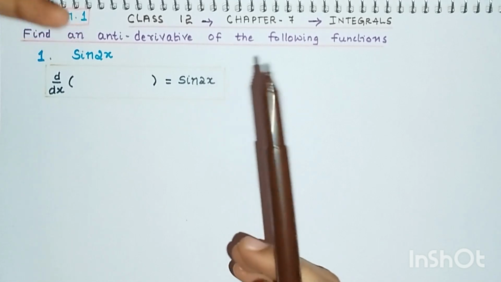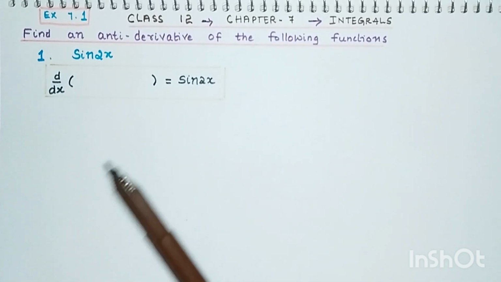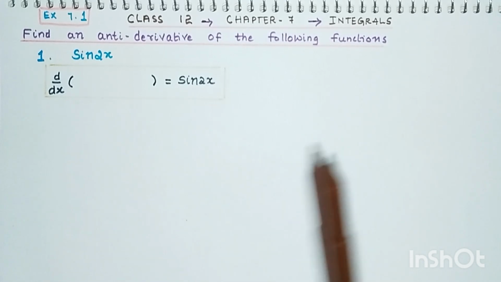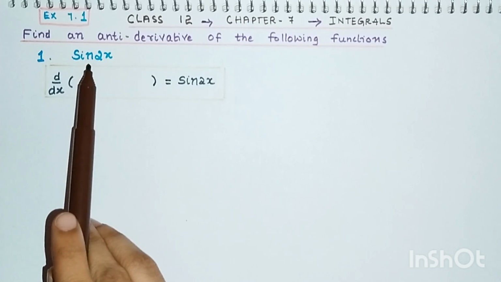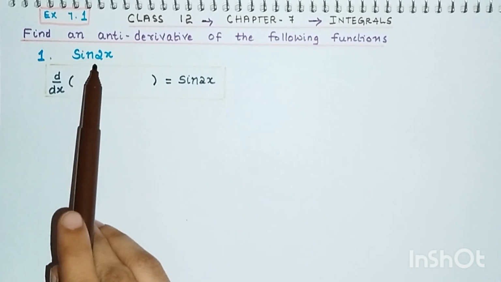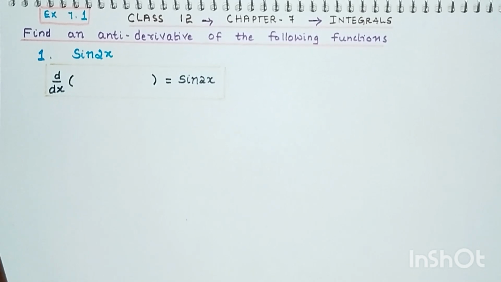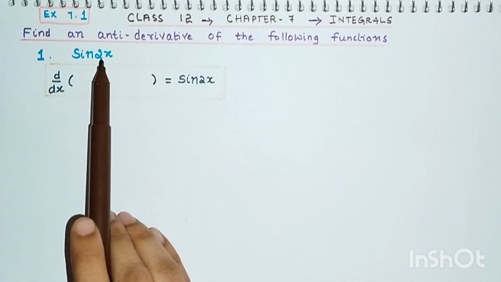But let us understand one or two questions very clearly, and then from the third question we can skip many steps. Okay. So the first question is, the function they have given is sine 2x, a trigonometric function. We have to find the antiderivative. So it's important to know what exactly the antiderivative of this function is.